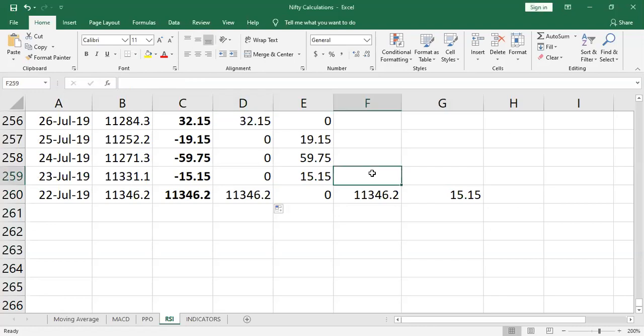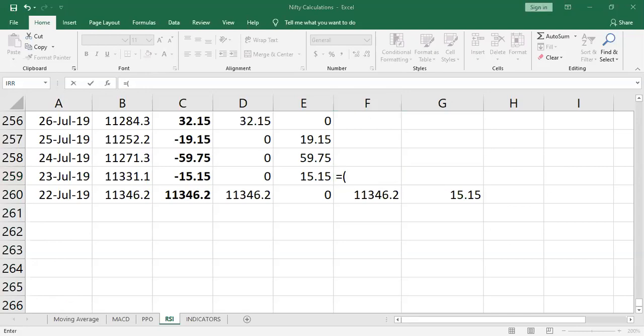Now, as per the EMA formula, it is equal to price minus previous price multiplied by 2. The period is 14.